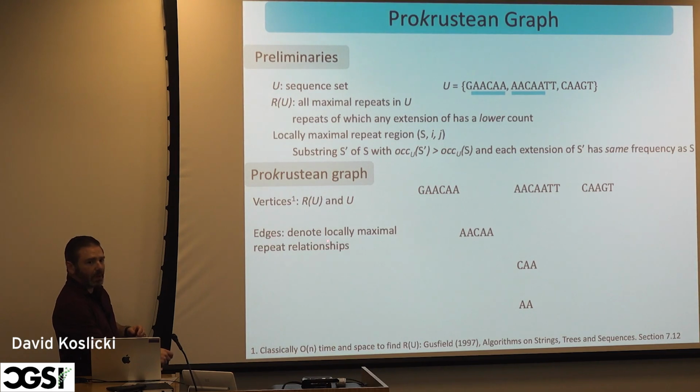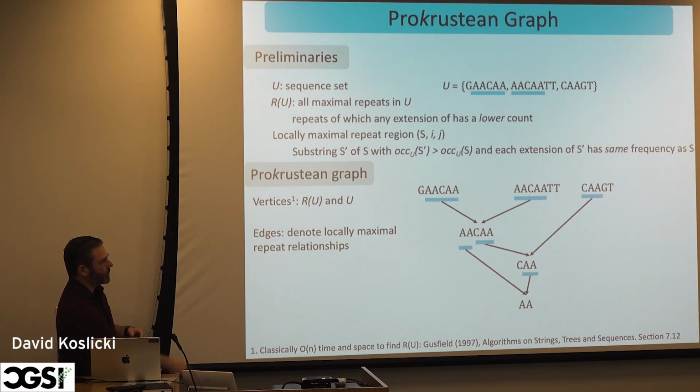The edges are going to denote this property right here between a string and its parent string. So for example, here I have this maximal repeat, and in this sequence, that region is a locally maximal repeat region, so I draw an edge from here to there. Same thing with this one over here, I draw an edge, and I keep on doing this.